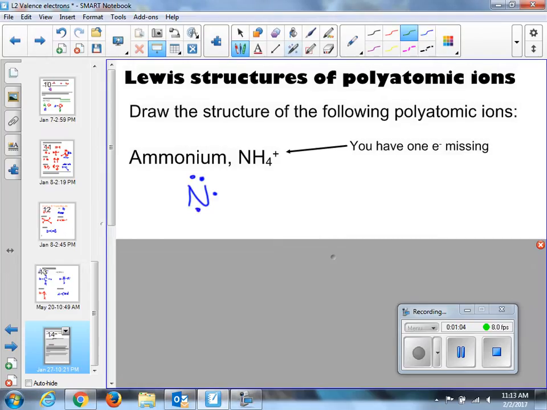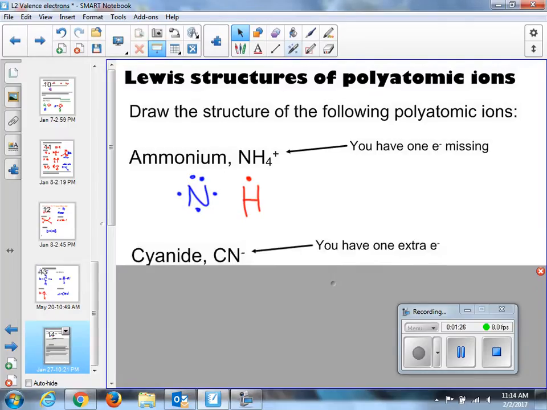I'm doing this so it's disconnected. Normally, H, there's 4 of these. They're all with 1, and they only want to get to 2. Normally, nitrogen wants 3 bonds, right? Now, we have 1 electron missing.